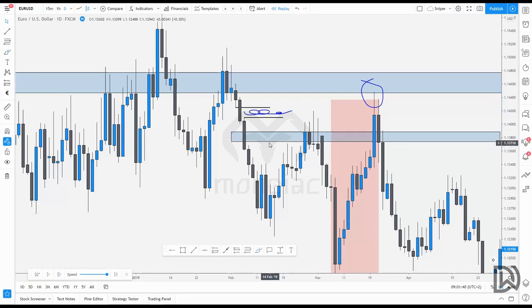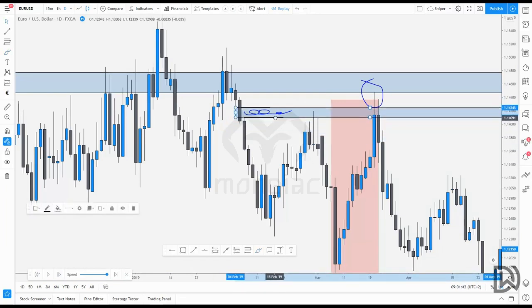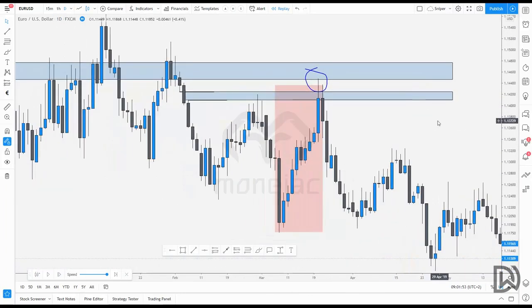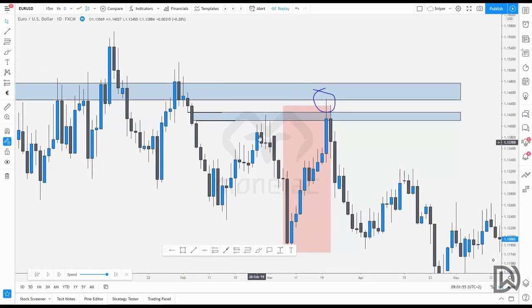So that is then the area of imbalance. This is a concept that will be discussed in greater detail within the live sessions. So we can see price pulling back towards it.